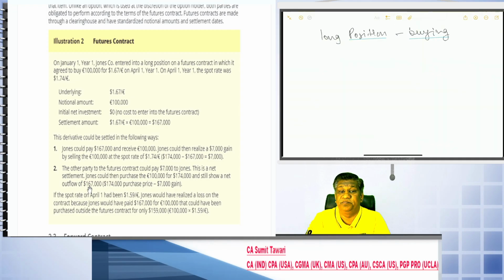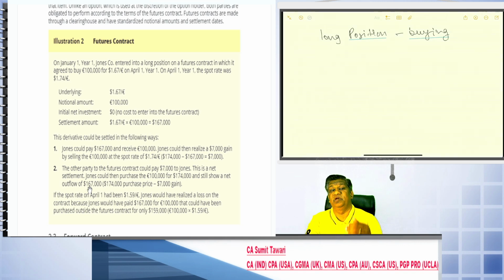He purchased, meaning the right to buy, a futures contract in which it agreed to pay, sorry, for 100,000 euro at 1.67 dollar per euro on April 1, year 1. On April 1, year 1, the spot rate was 1.74.